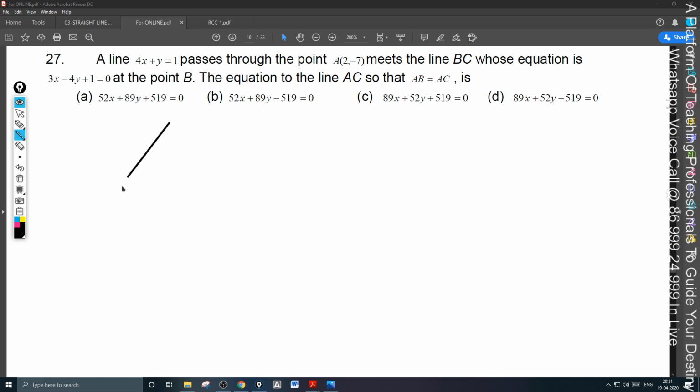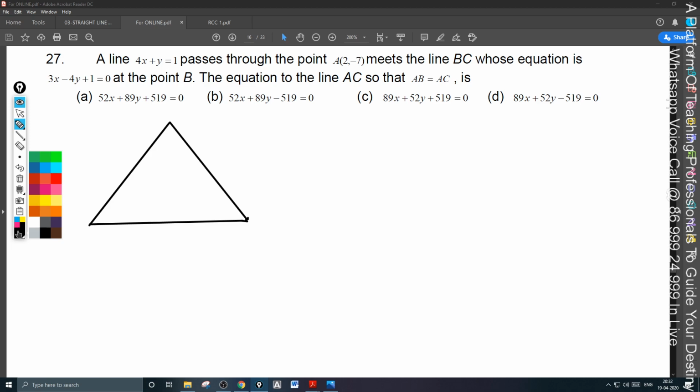This is A. The line which passes through A meets at B, and let me name this as AC. What is A given? 2 minus 7.